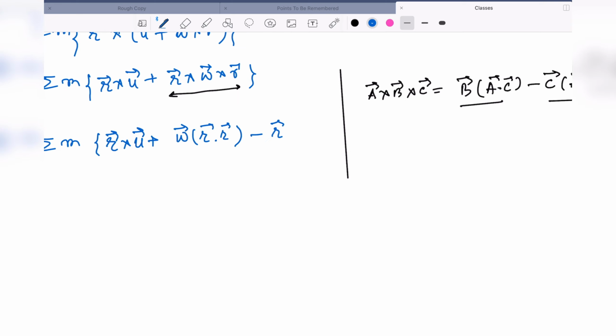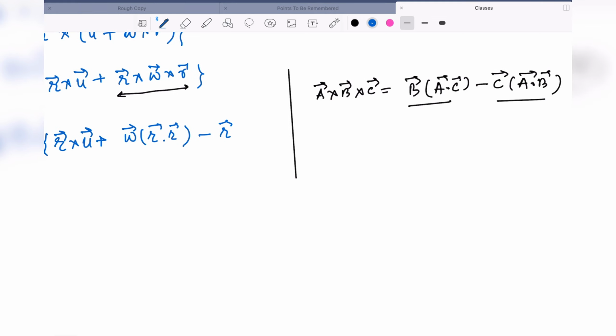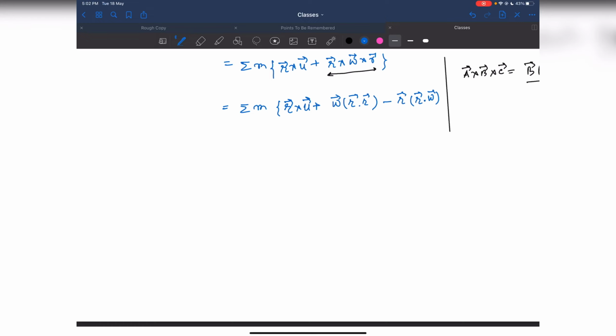Now I can take r out, then I can write omega dot. Now we just multiply this m: summation of m r cross u and summation of m [omega r square minus r (r dot omega)].